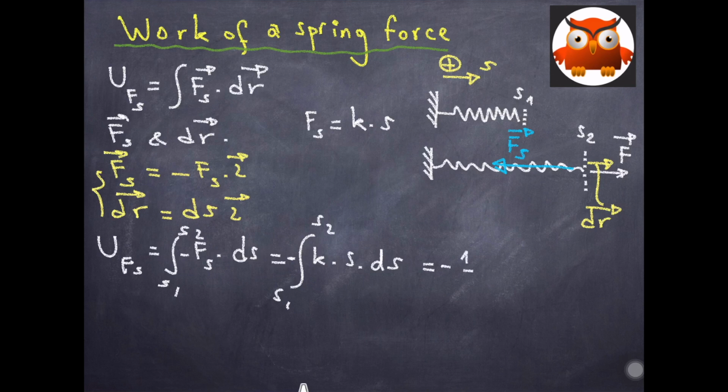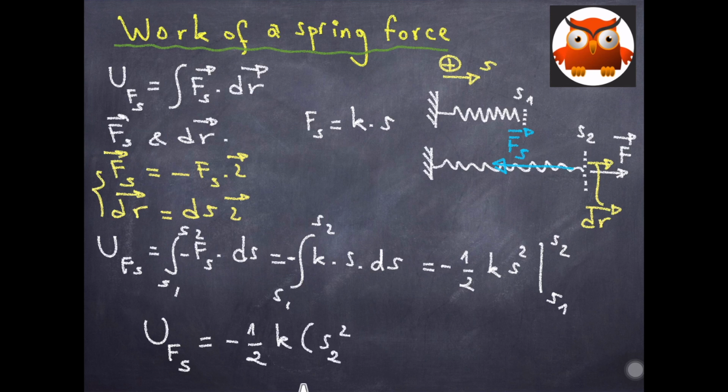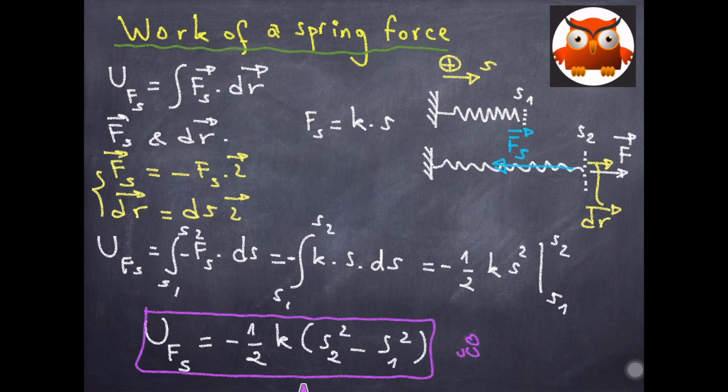So minus half K times S squared, then the integral between S1 and S2. Finally, the work done by the spring force will be equal to minus half times K times S2 squared minus S1 squared, which is very important.